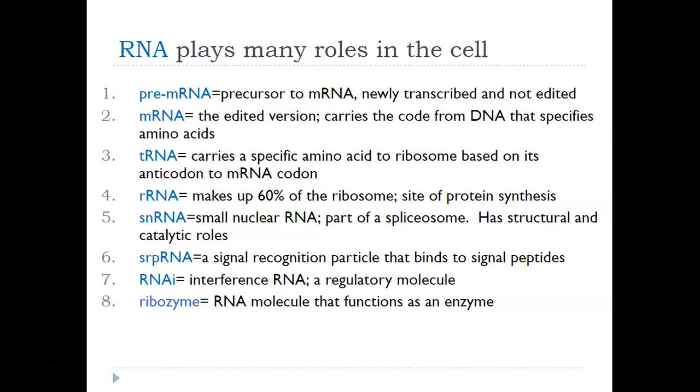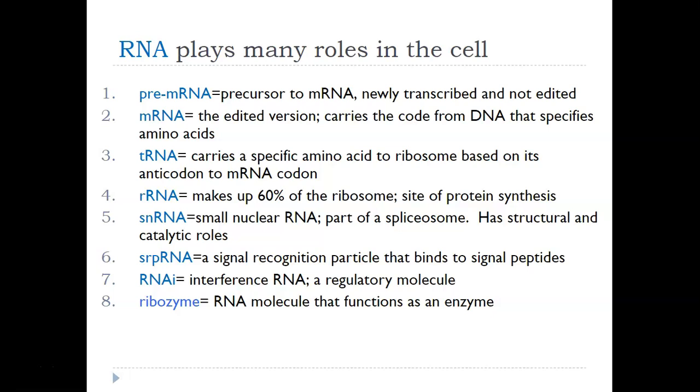There's snRNA, which stands for small nuclear RNA, and that's part of the RNA processing part. It helps the pre-mRNA go to mRNA in the spliceosome, and we'll learn what that is later. We also have SRP RNA.